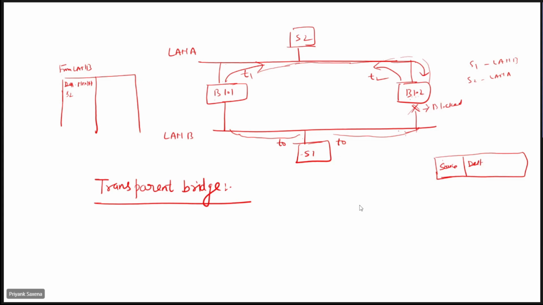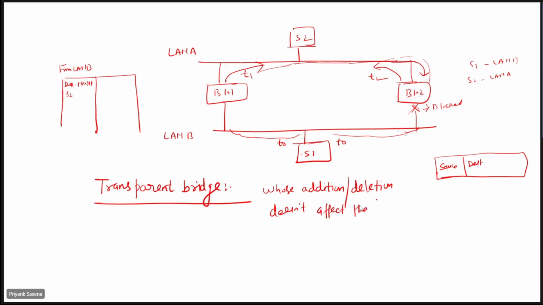So a transparent bridge is one whose existence or presence, whose addition or deletion in the network, doesn't affect the stations, right?